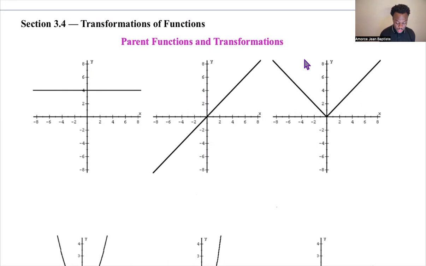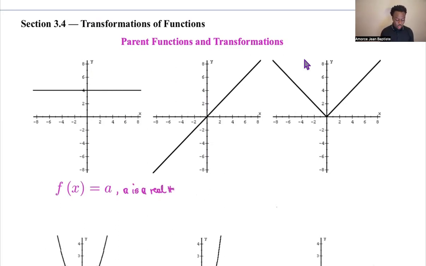So first thing is the graph of the function. The second thing would be the name of the function, which is the equation of the function, f of x equals a, where a is a real number.